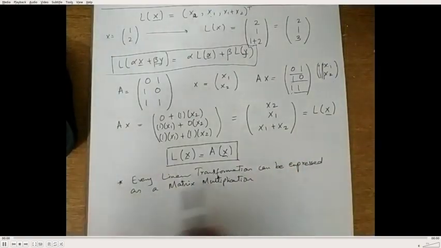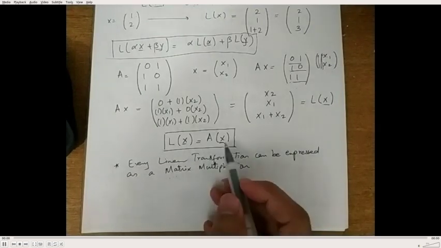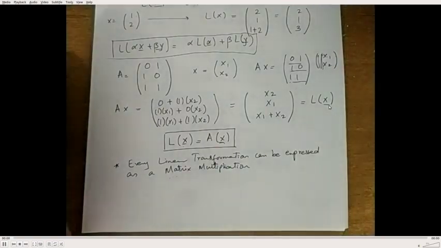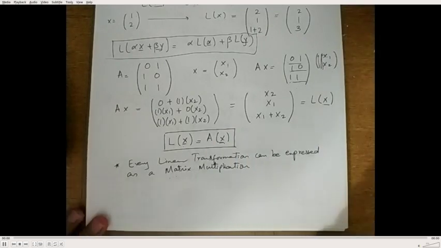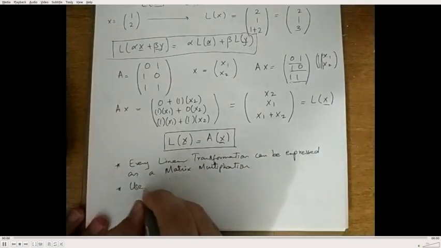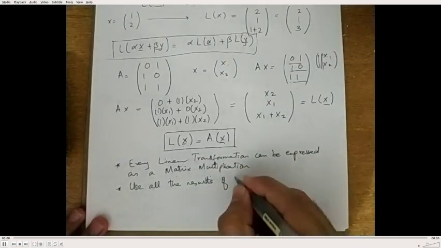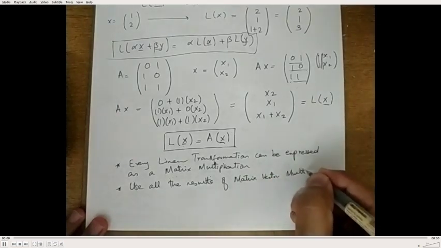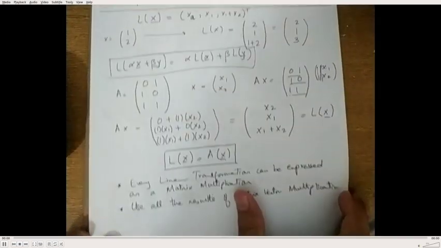For any linear transformation, there exists a corresponding matrix such that if you multiply it with the vector, it will give you the same result as the linear transformation. Once that's true, you have all of the machinery. You can use all the results of matrix-vector multiplication and matrix algebra on linear transformations, and that's readily available to you.